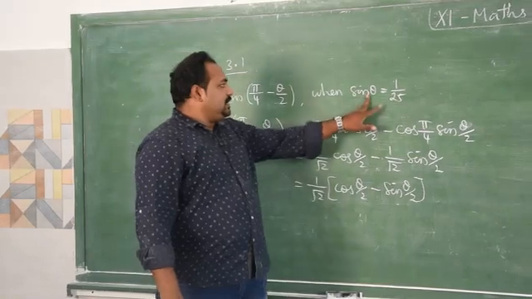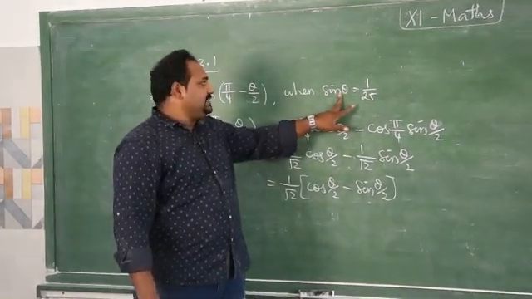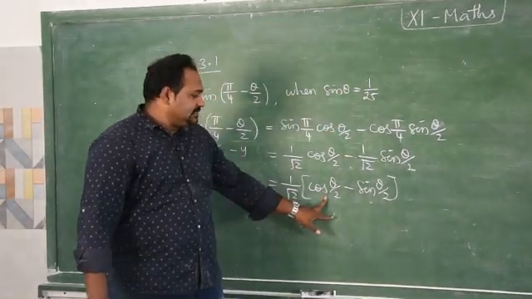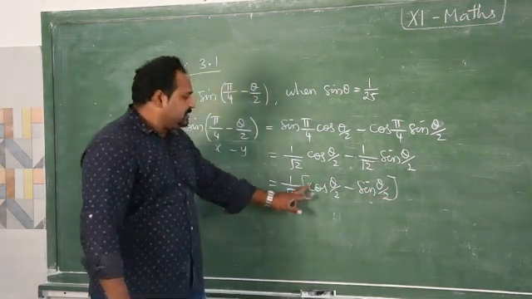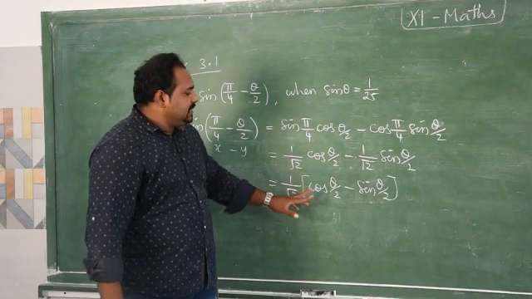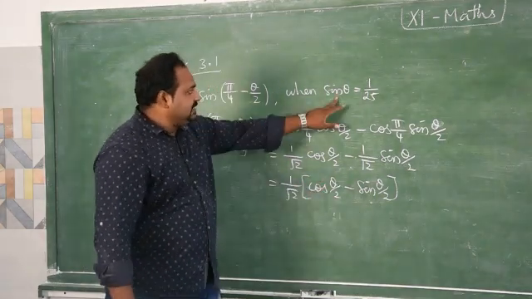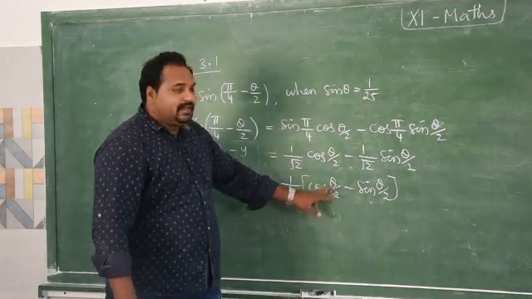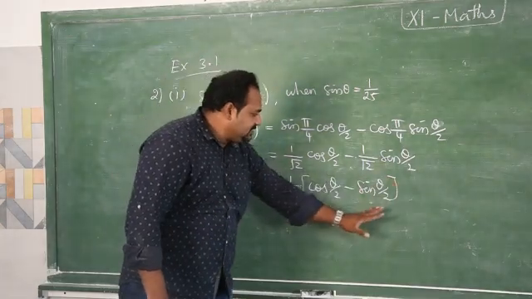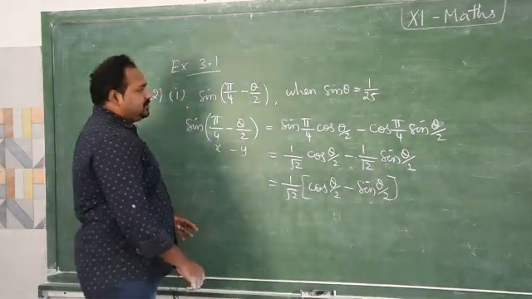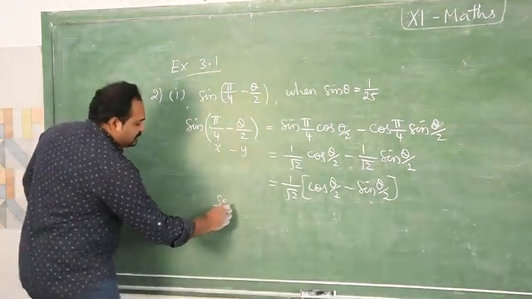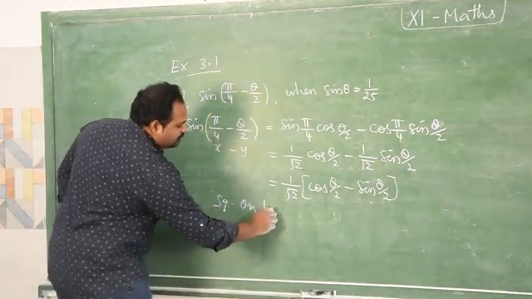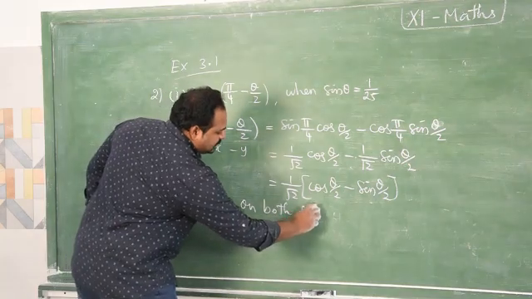Look at that. We have been given only the sin theta value, but here we have cos theta by 2 and sin theta by 2. So I am going to change this to have a value of sin theta, then only we can apply this value. So here we have the possibility of squaring on both sides.